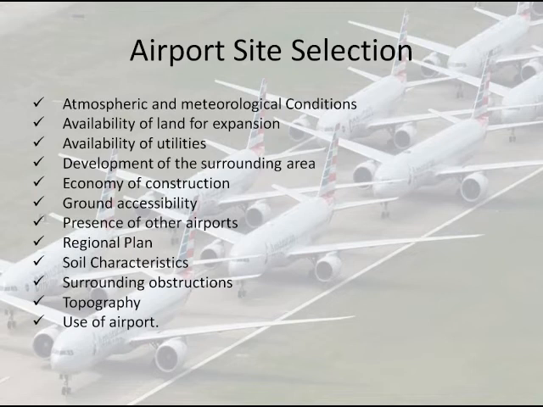Next, our sixth point is ground accessibility. The location of the airport should be such that it results in shorter ground access time.